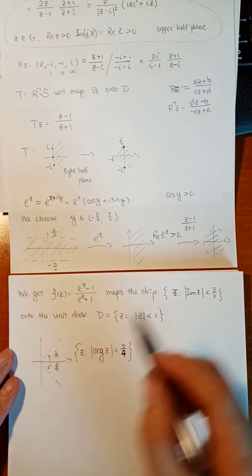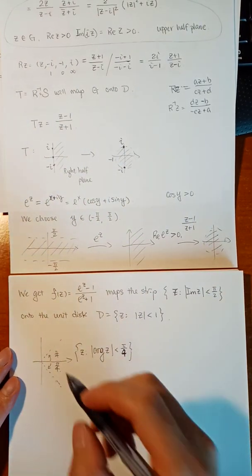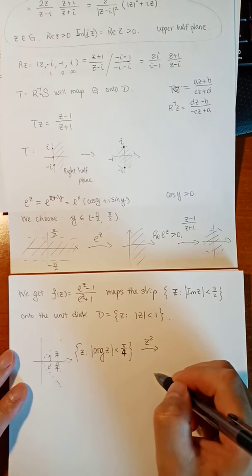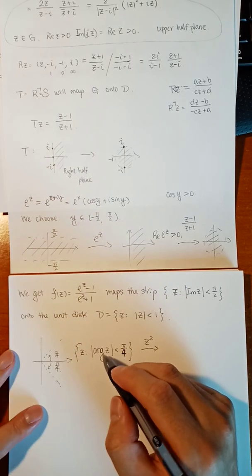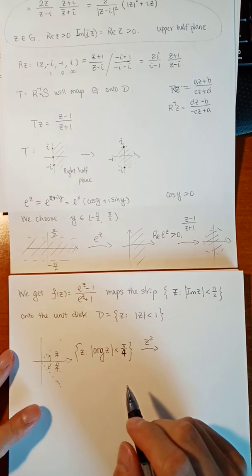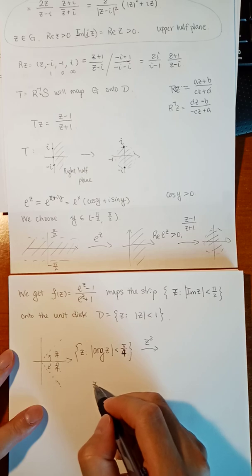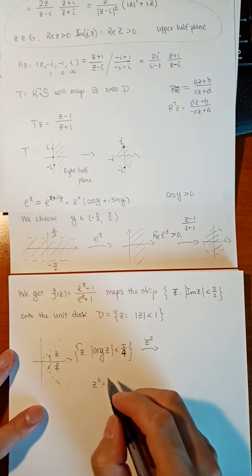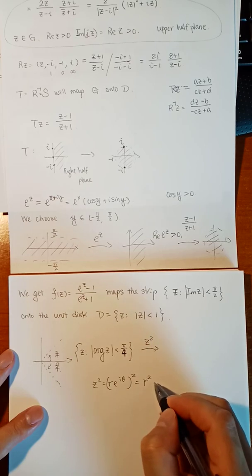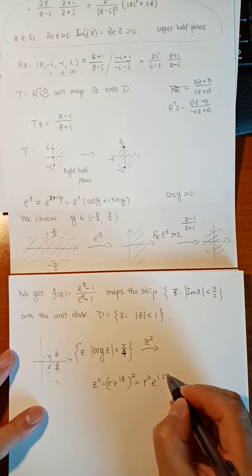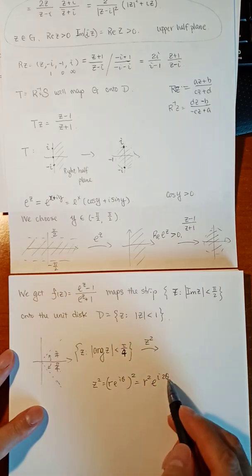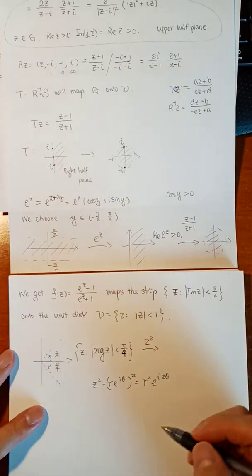How do we map it to the unit disk? We first apply z squared. Z squared will amplify the argument. You see, (r e^{i theta}) squared is r squared e^{i 2 theta}. So theta is between negative pi over 4 and pi over 4, and 2 theta will be between negative pi over 2 and pi over 2.